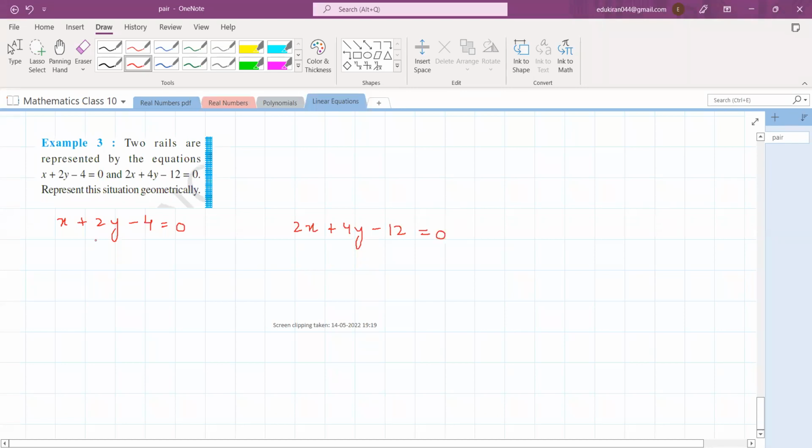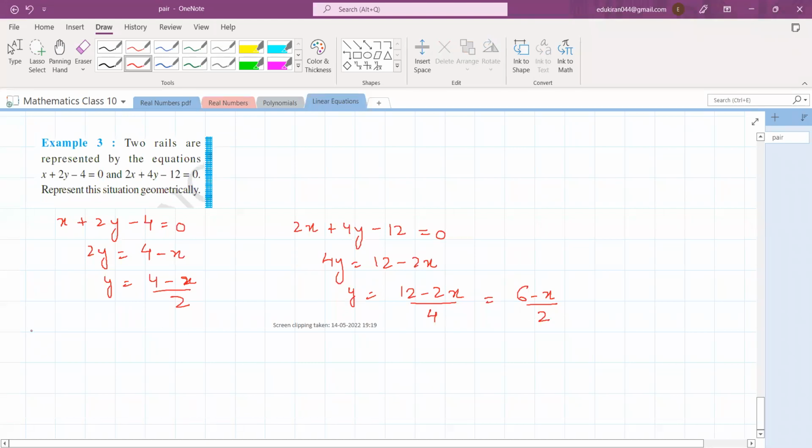So obtain your y from here. 2y will be 4 minus x, taking everything on the other side, and y will be (4 minus x) divided by 2. Here 4y will be 12 minus 2x, and then y will be (12 minus 2x) divided by 4. To make it simple, I can take 2 common throughout, so this will be (6 minus x) divided by 2, to make my calculation easy.